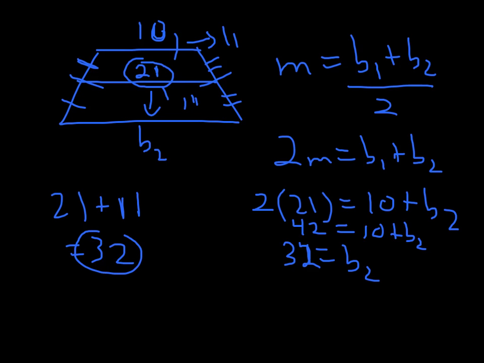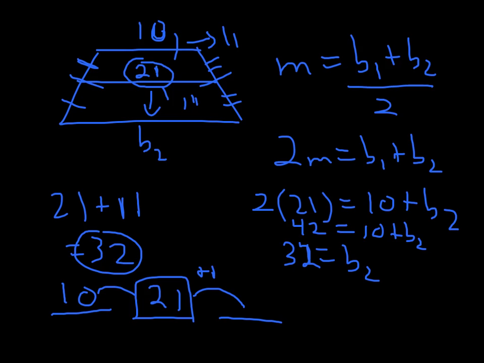So you can think of this, as we'll see later on in another class, as actually three numbers. If the middle number is the median or the average, it's an arithmetic sequence. It's the same distance. So 10 to 21 has a distance of 11. So therefore this one also has a distance of 11. So 21 plus 11 is 32.